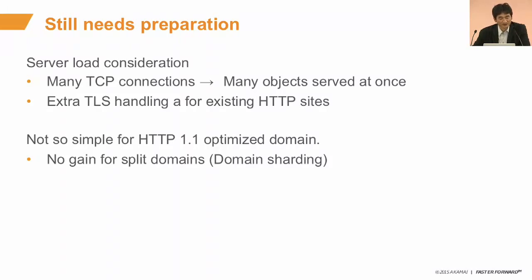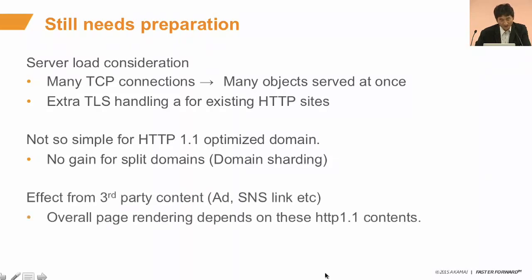Split domains is a technique called domain sharding, which splits the objects into multiple domains to make the browser work simultaneously. But HTTP2 only multiplexes requests onto the same domain, so if you have split domains, then there is no gain from multiplexing.